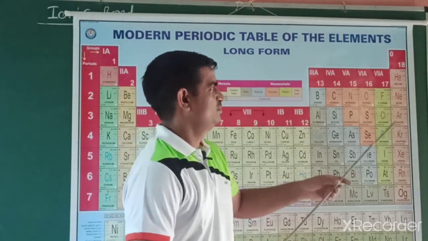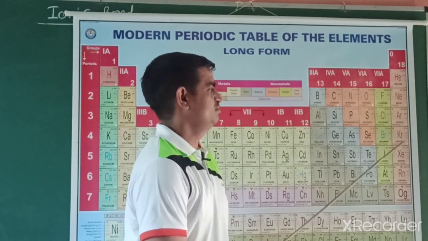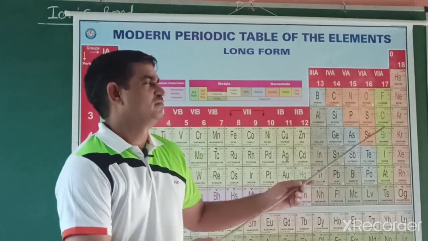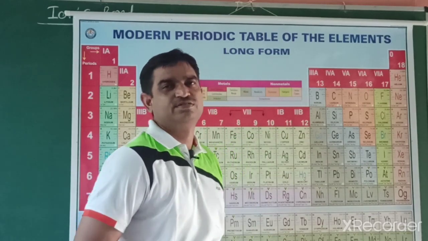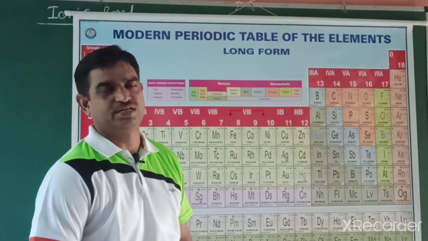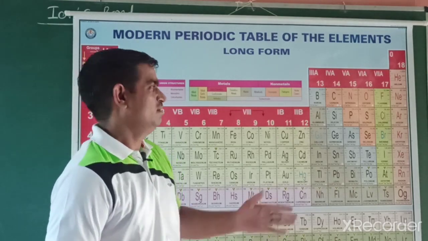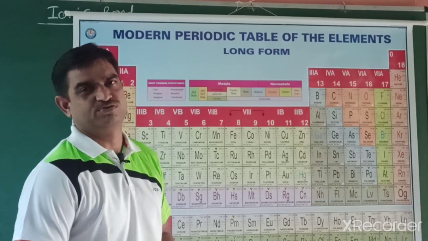In this group, helium, neon, argon, krypton, xenon and radon are found. They are noble gases, inert gases. They do not react. What is the reason? When we find the reason, all these gases have 8 electrons in the last shell.